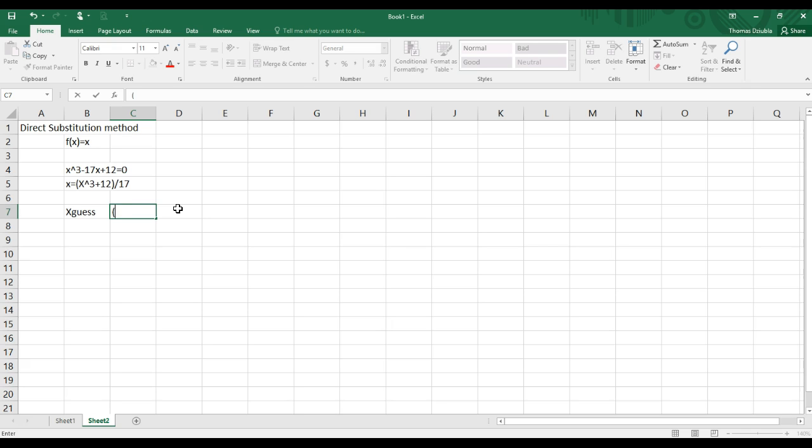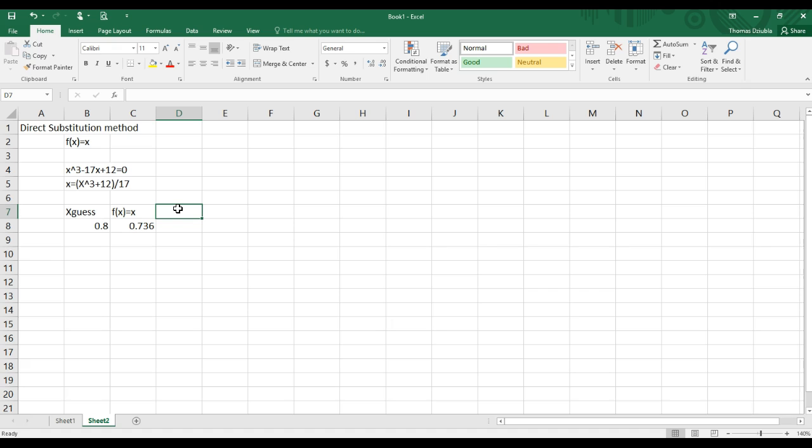In this case, I'm just going to call this f of x is equal to x. Okay, so on this side I'll make a guess of 0.8, and then over here I will say x cubed plus 12 divided by 17, and we'll get an answer.